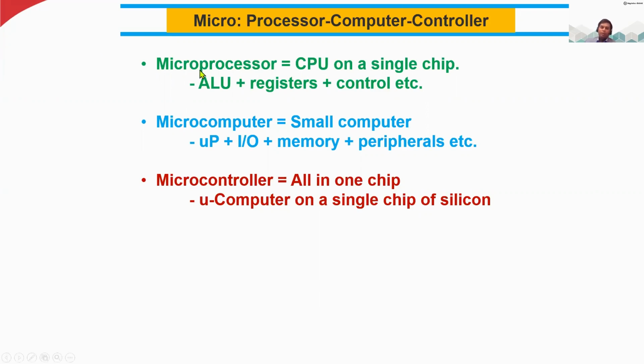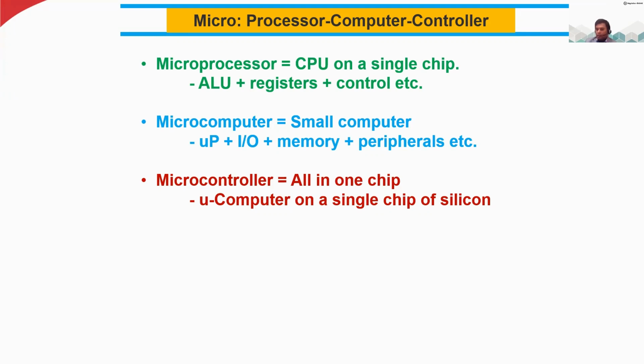What the microprocessor has is the ALU, the arithmetic and logic unit. It performs all the arithmetic and logic operations. Arithmetic means addition, subtraction, multiplication, division. And logic mostly indicates comparison.